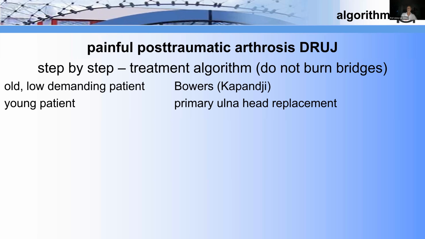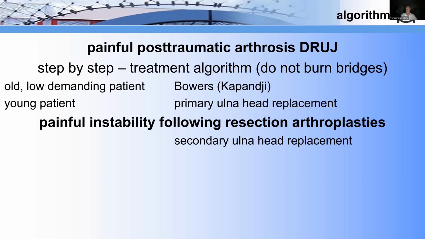So in the old and low demanding patients, we still perform either the hemiresection arthroplasty or the Carpentier procedure. In the young and demanding patient, we restore forearm rotation and reduce the pain by primary ulnar head replacement.